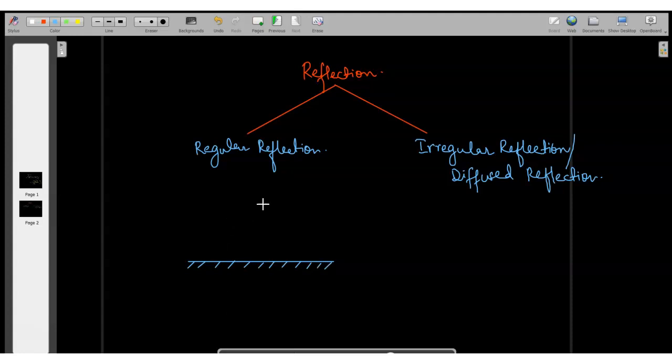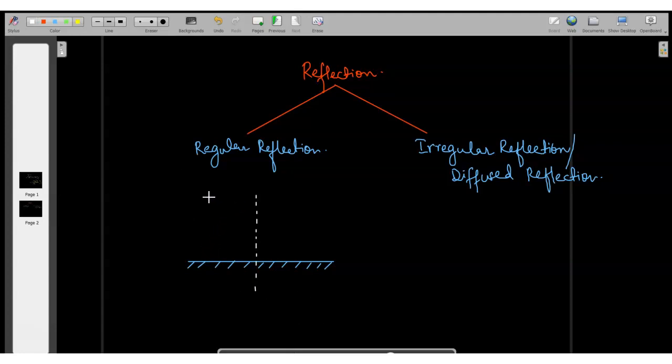Okay. Now we will draw a normal. What is a normal? Normal is a perpendicular drawn to a surface. So let us draw a normal. Now, what are we going to do?